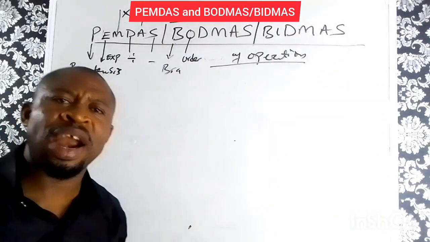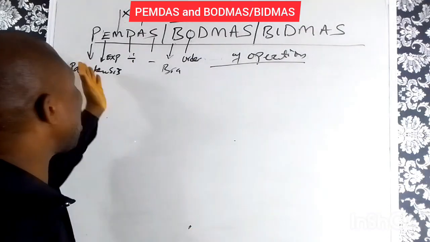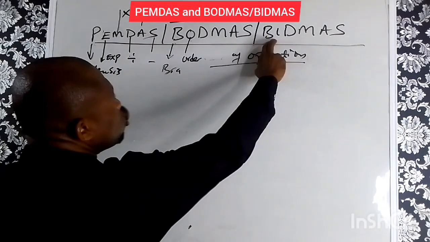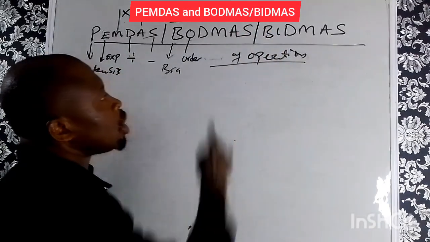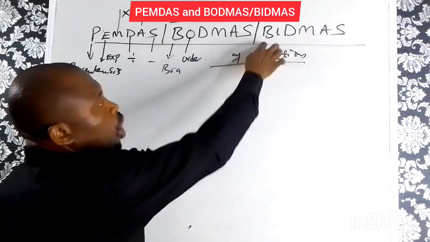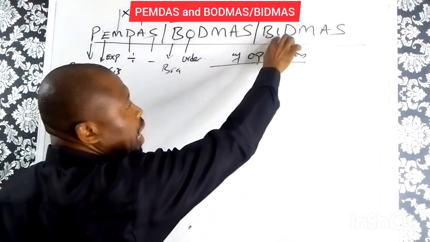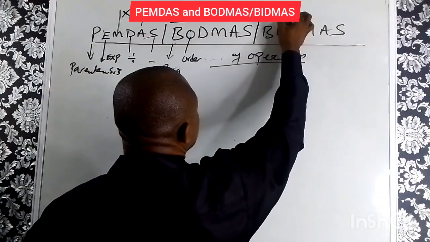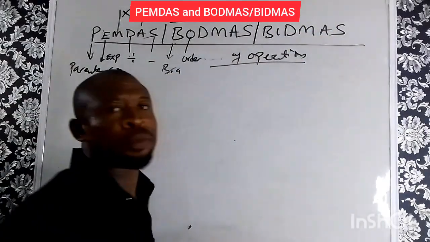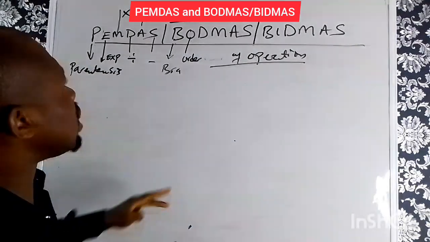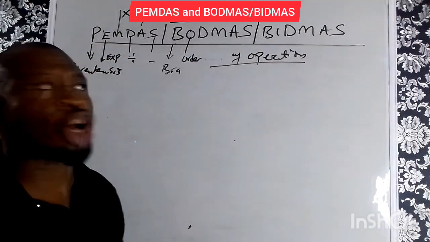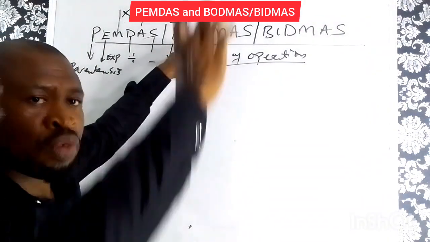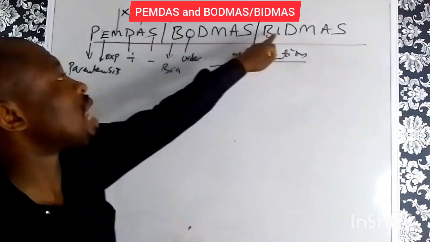The only difference between PEMDAS, BODMAS, and BIDMAS is just these first two. For BIDMAS, B is bracket, while I means index. So either you have it as exponent, or you have it as order, or you have it as the index.